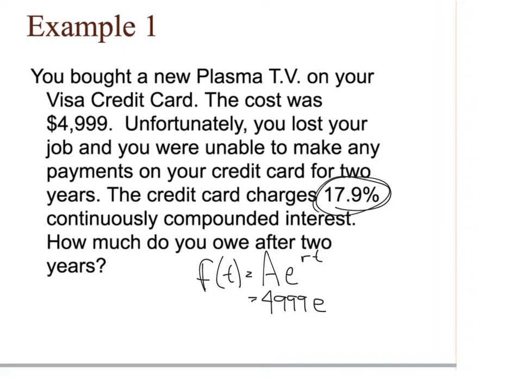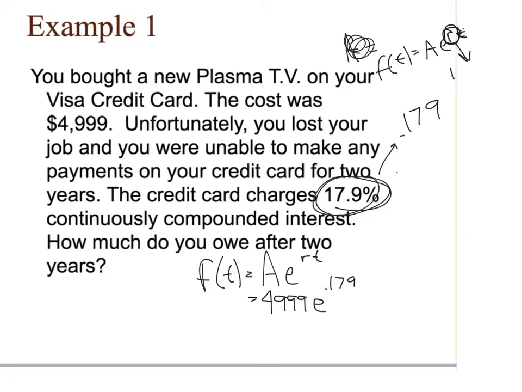Now the rate is 17.9%, but I need to convert that to a decimal, so that's 0.179. One quick note: when we're using f of t equals a e to the rt, the rate tells you whether your amount is going up or down, depending on whether it's positive or negative.